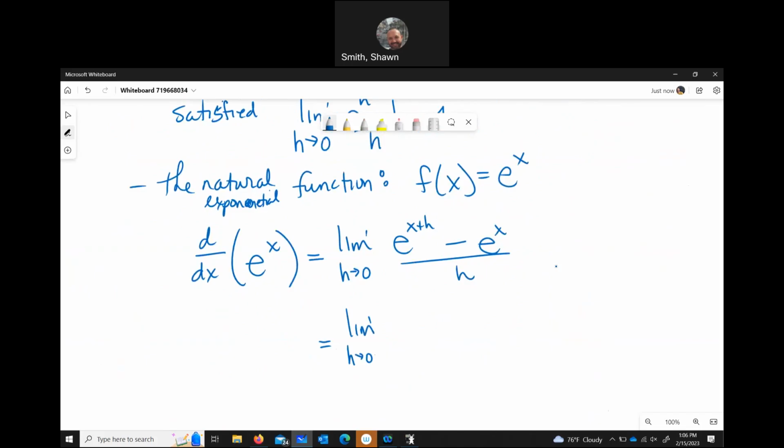There's a rule that says when multiplying your bases you add your exponents, like x squared times x to the 5th is x to the 7th. Now I'm going to go backwards. Instead of e to the x plus h, this is going to be e to the x times e to the h.